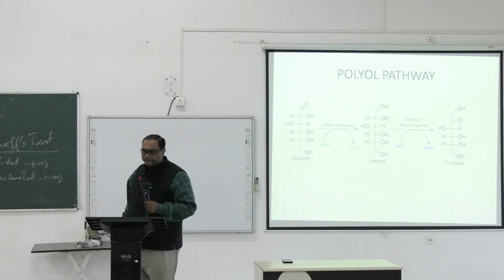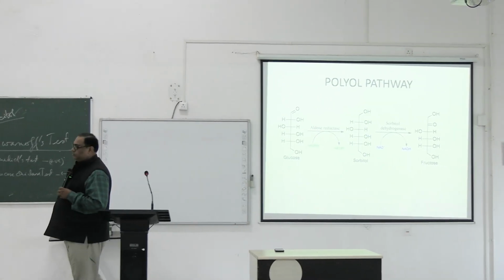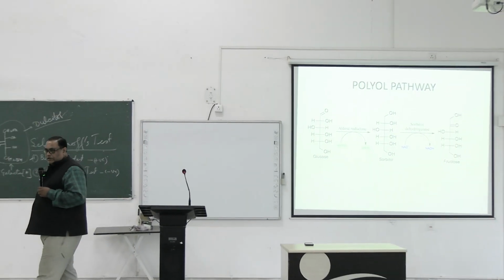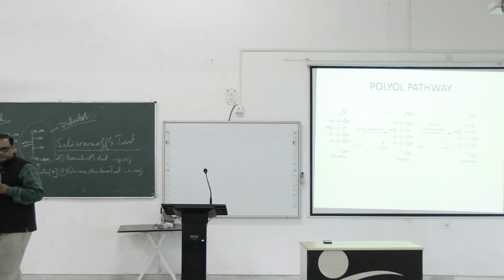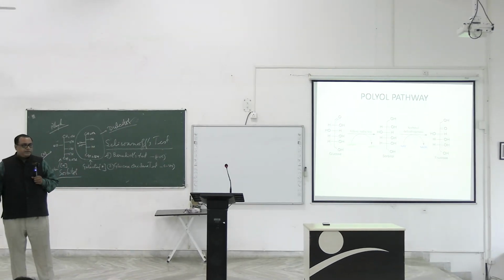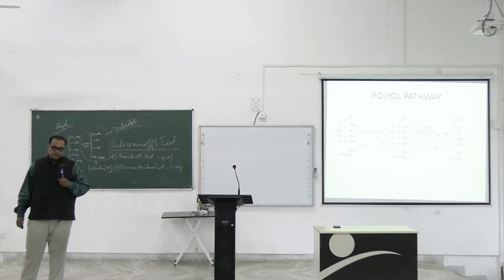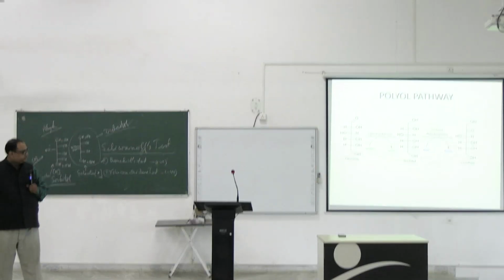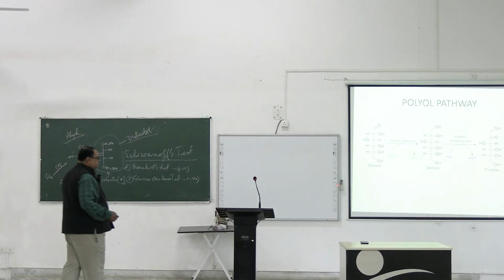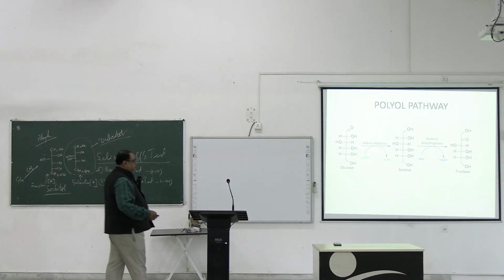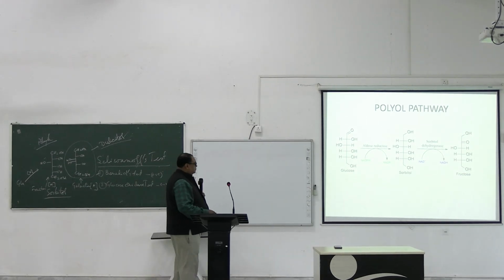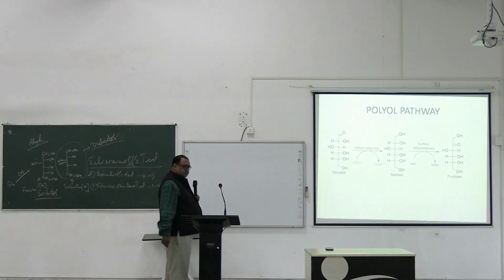This is the sorbitol pathway. Sometimes they ask about the sorbitol pathway because it is the only pathway through which diabetic cataract can be seen. Glucose to sorbitol, or fructose to sorbitol.